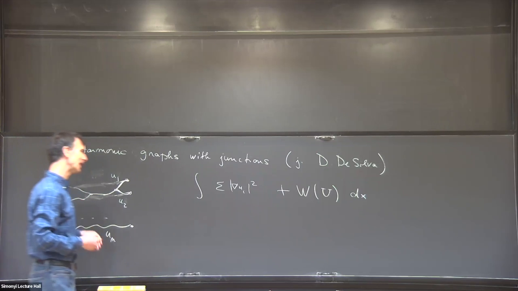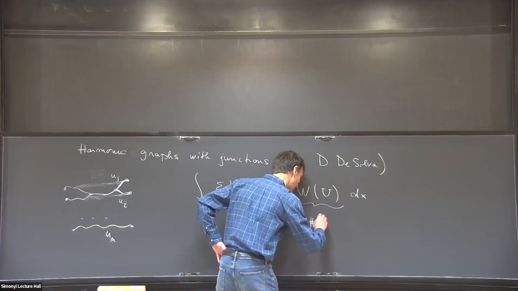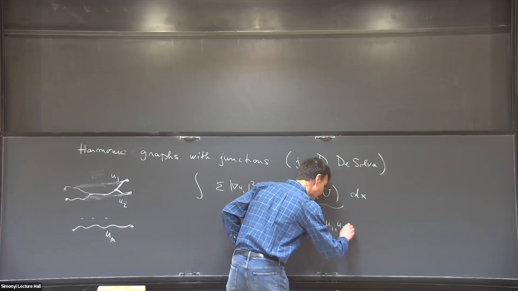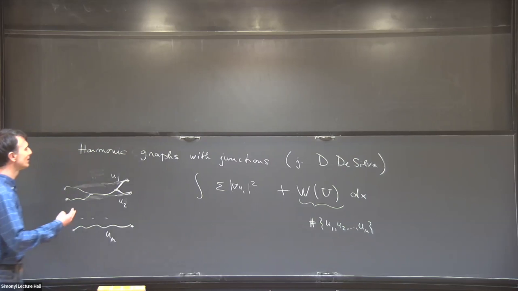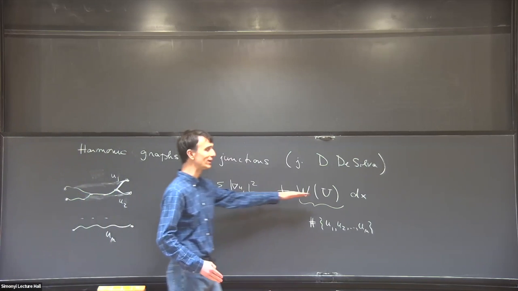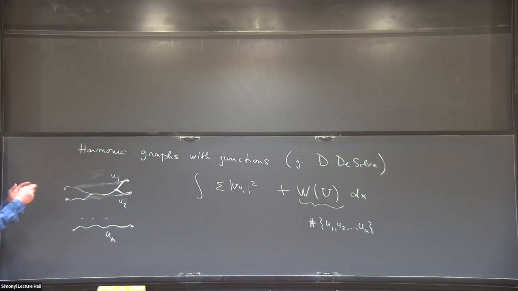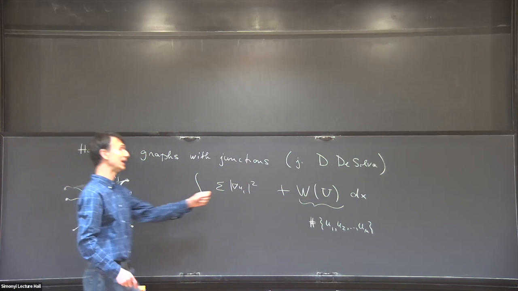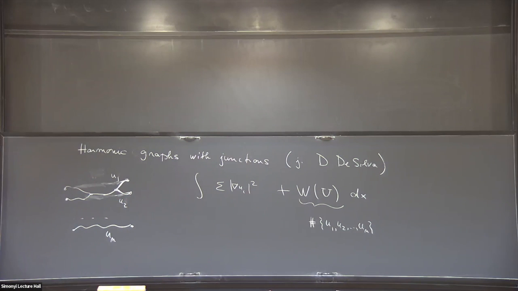The natural choice for W of U would be the cardinality of the set {U1, U2, ..., UN}. If I add such a term, then instead of paying a value 2, if I have two harmonic functions over the full interval where I'm doing the minimization, it's better for two of them to collide, at least in the middle, to pay much less for this term, and then maybe each one reconnects with the boundary data.